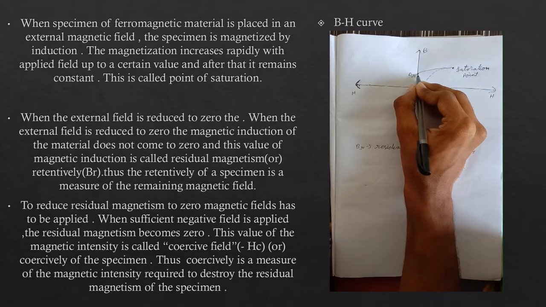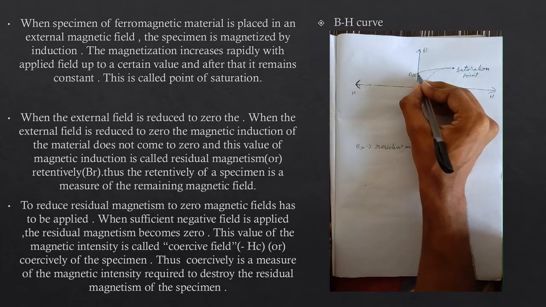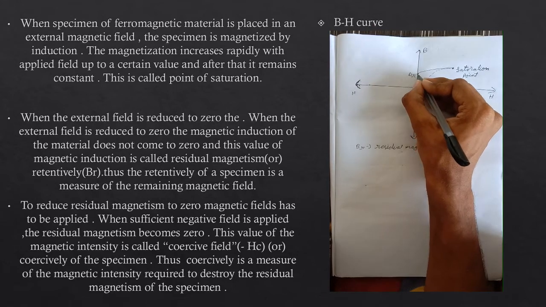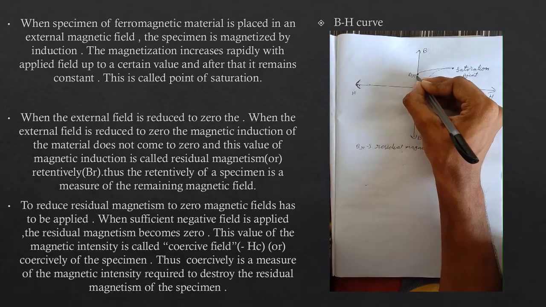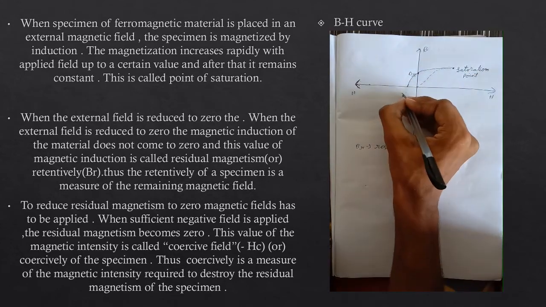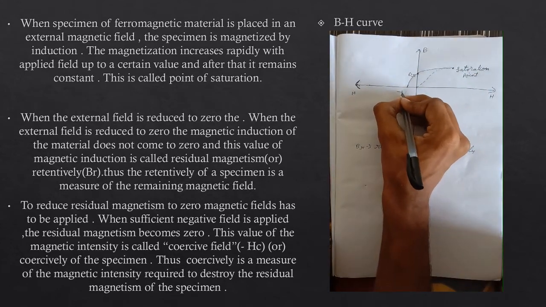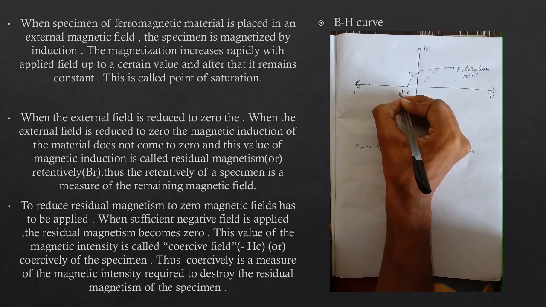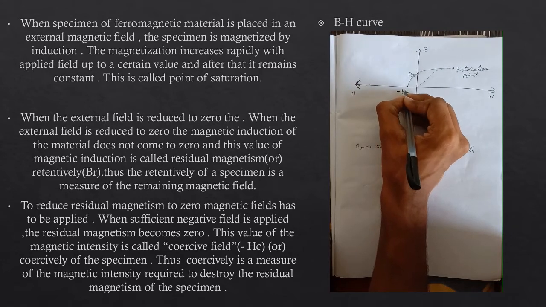Now to reduce the residual magnetism to zero, we apply a negative magnetic field on the material, and it reaches a point represented as minus Hc, as it is on the H coordinate, which means external magnetic field, and it is a negative coordinate, so we write minus Hc.